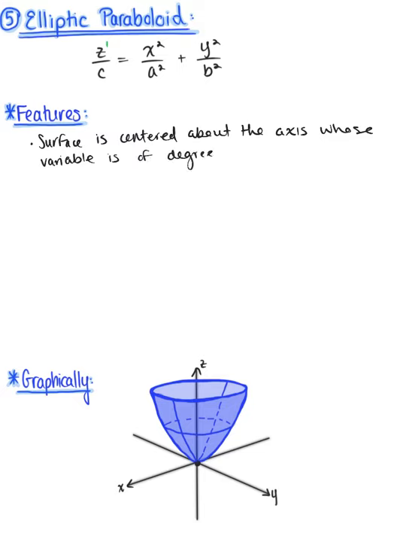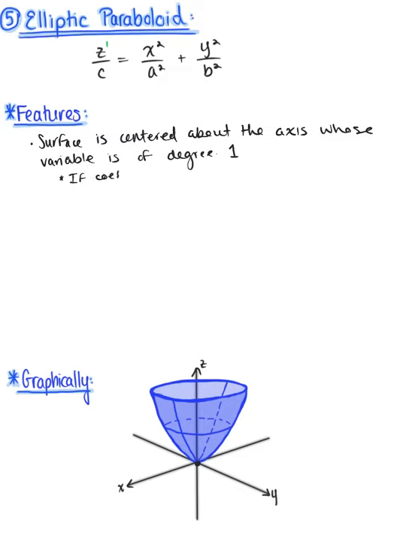Now, once you have identified the variable of degree 1, and you know the axis of symmetry, we want to go ahead and determine how is this paraboloid opening? Is it opening towards the positive axis or is it opening towards the negative axis? And we use similar knowledge to that from R2. So we can say that if the coefficient associated with this variable is positive, then the paraboloid opens towards the positive axis.